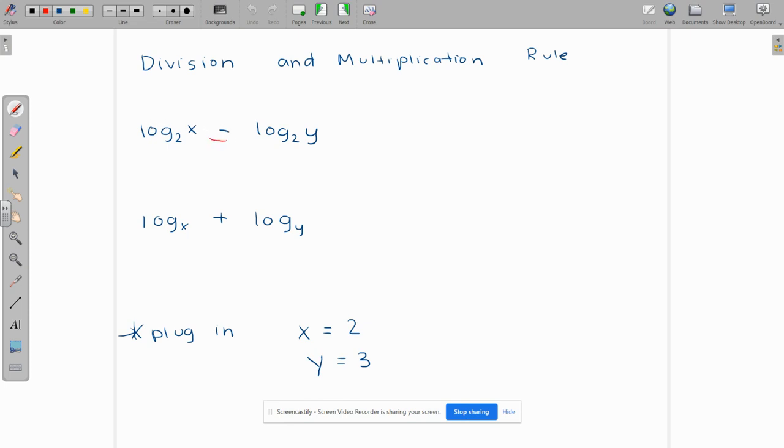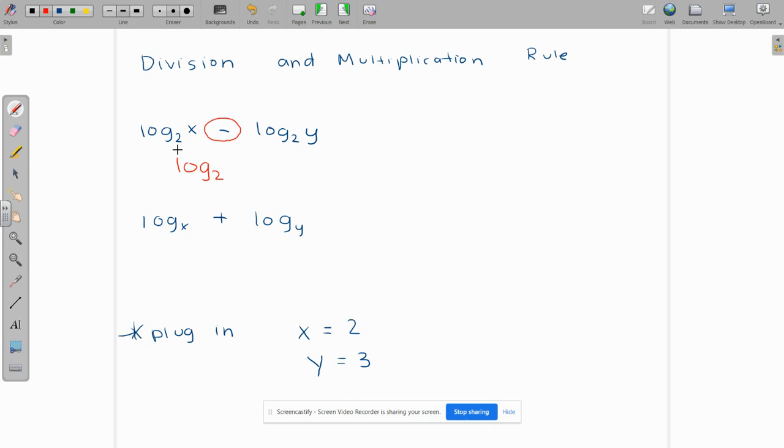When I see this subtraction, when it comes to logs, that actually means division. You want to make sure that when you're looking at it, your log bases are the same. Since they're both log base 2, I know I can condense this. Say it were log base 3 and log base 2, then I could not combine these because they're different log values.